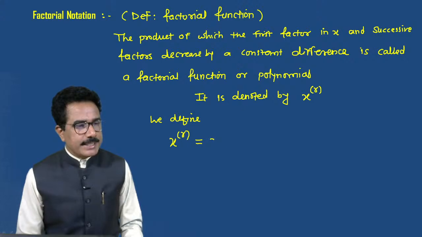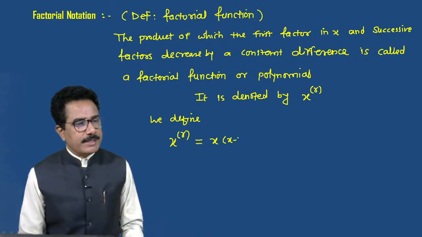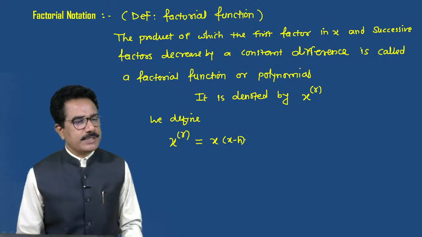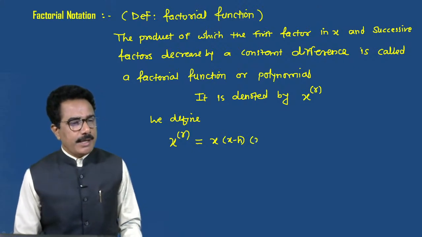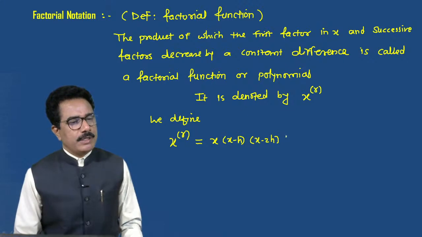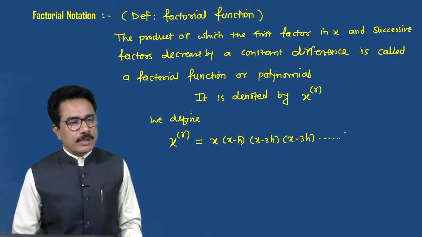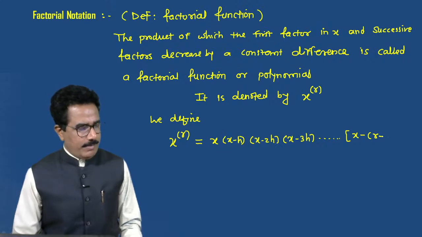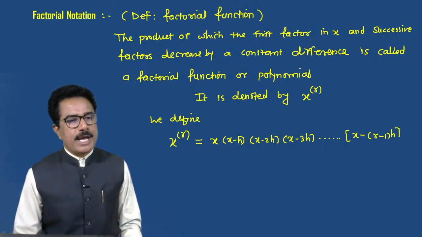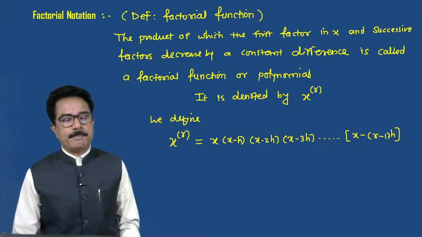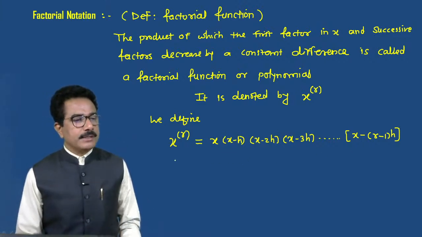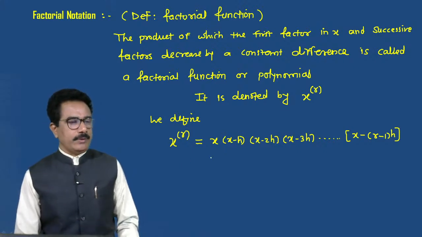So it can be written as x into x minus h, suppose h is the difference, x minus 2h, x minus 3h, dot dot dot, up to where? Up to x minus r minus 1 into h. This is the definition of the factorial function.